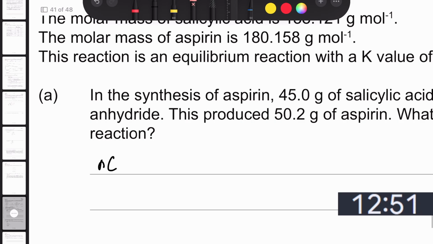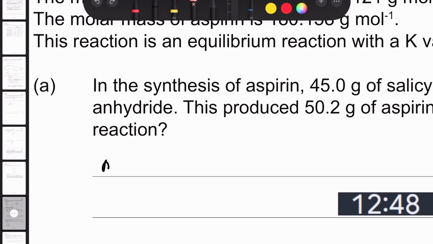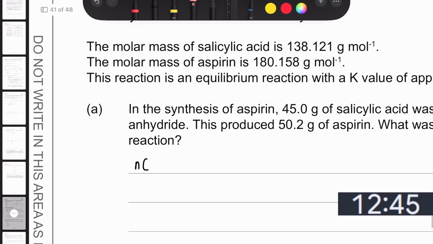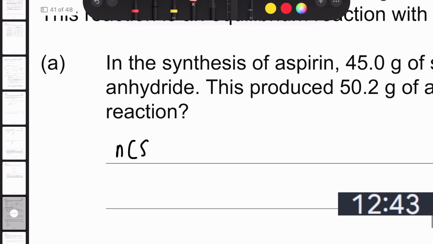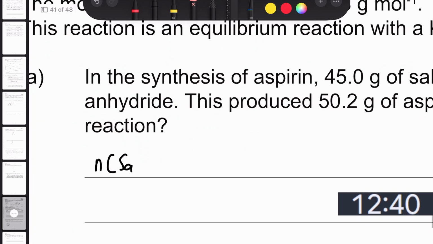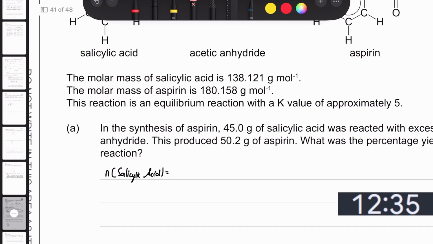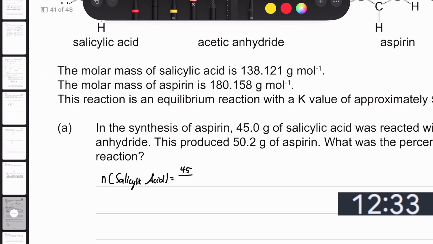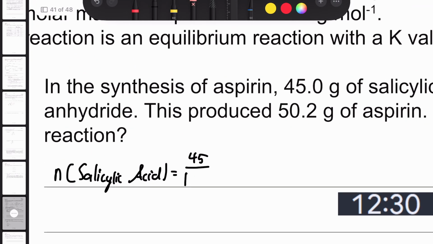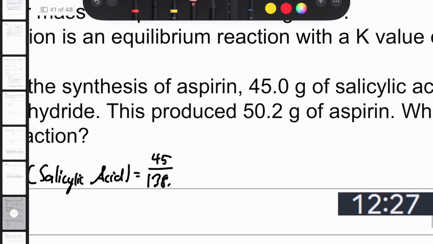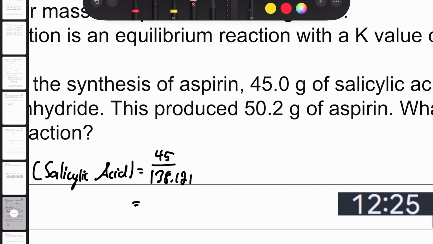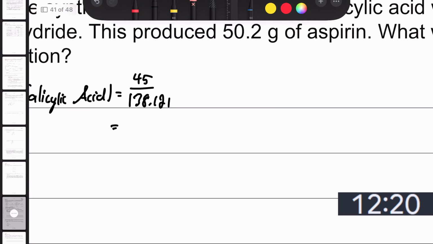So let's see, the number of salicylic acid is equal to 45 over 138.121, which is 0.326 moles.